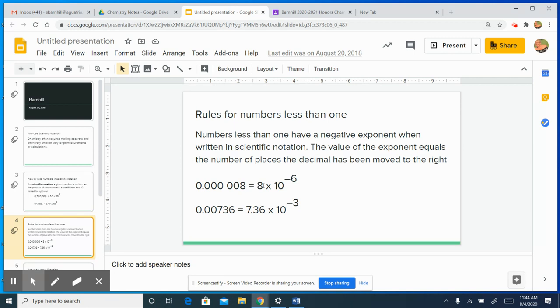So we've got 8 times 10 to the negative 6 power. On the second example, we move the decimal 1, 2, 3 places, and we get 7.36 multiplied by 10 to the negative 3 power.